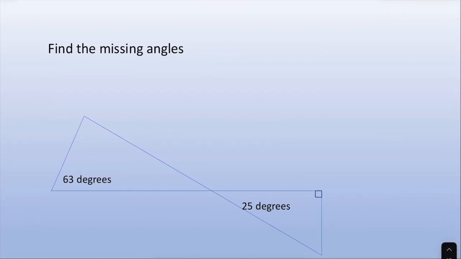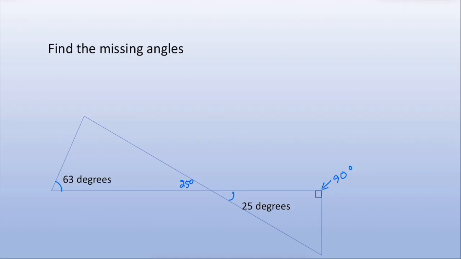Let's take a look at this one. Now we know, I'm assuming the way that it's drawn, that this is 60 degrees, this one's 25, and this one is 90. That's your 90-degree mark, that right angle marking. Okay. So what we know positively is that this is 25 degrees. Makes an X, great. Okay. Now this is making a triangle.